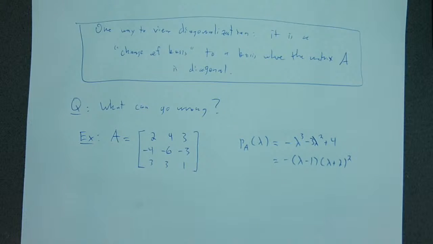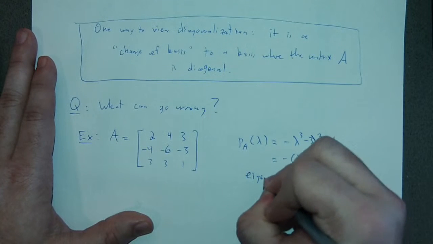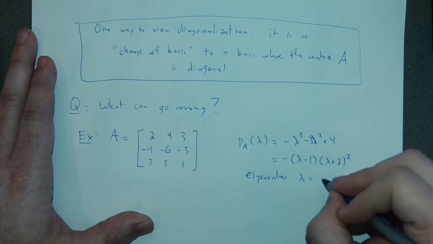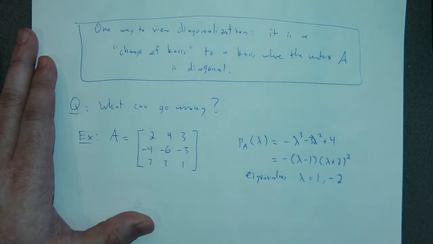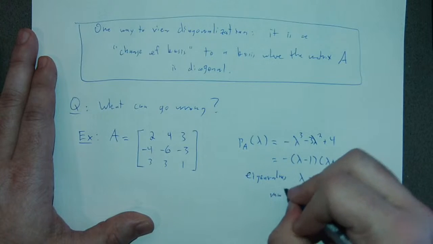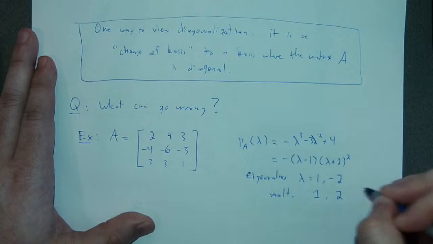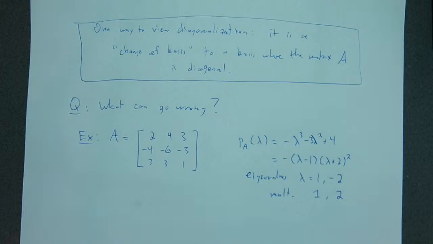Okay, so its eigenvalues are the same as our previous matrix. So eigenvalues are 1 and minus 2. The multiplicity of these eigenvalues is 1 and 2. Okay, so all that is the same as our first example. But we're going to see this matrix is not diagonalizable.